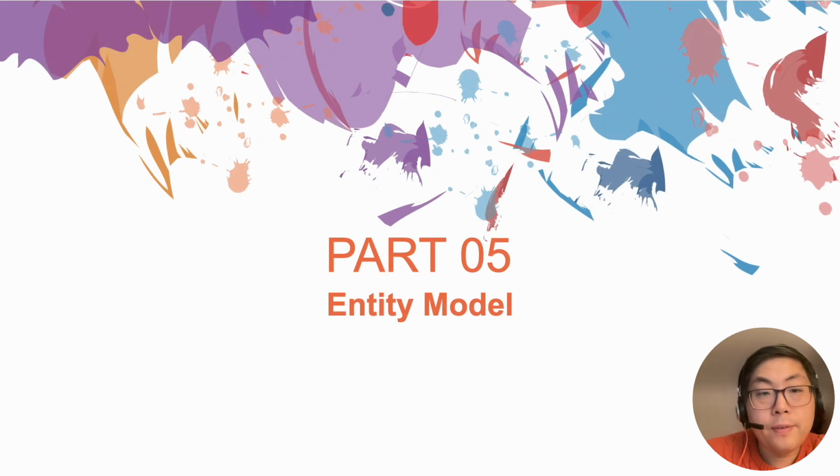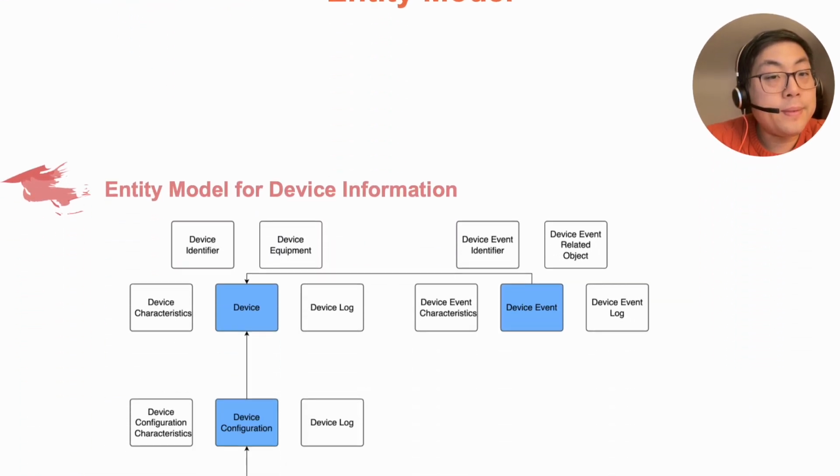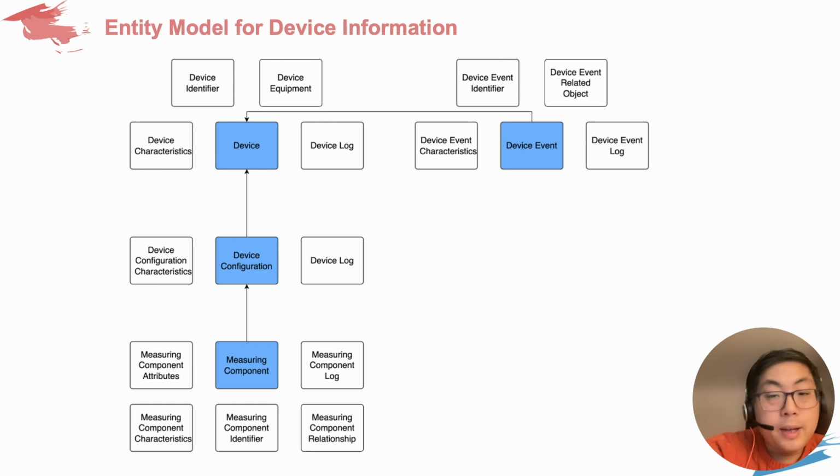Okay, part 5, we look at the entity model together. As I did last time when we looked at the VEE model, this time we look at the device related entities. Over here we have 4 of them: device, device config, measuring component, and device events.